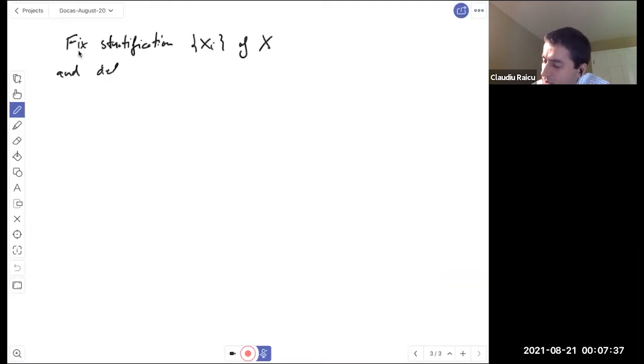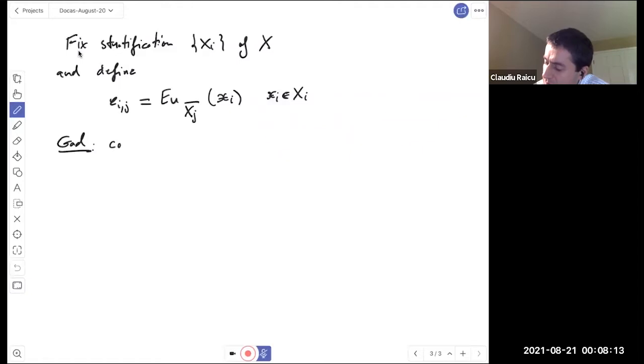And then what I can do is I can just define this numerical invariant. So e_ij is you take the closure of a stratum X_j, you take the Euler obstruction function, and you evaluate at any point in the stratum X_i. And the goal is to just compute this matrix, these numbers, explicitly.